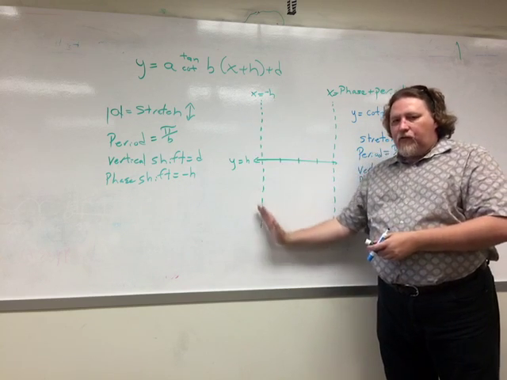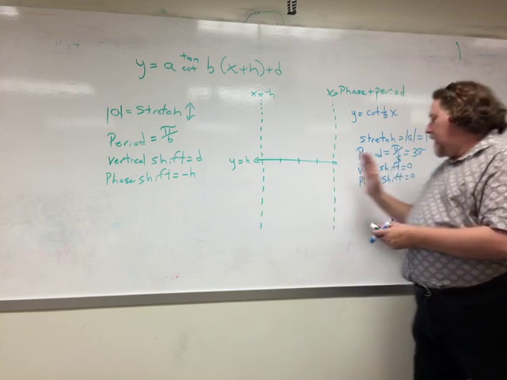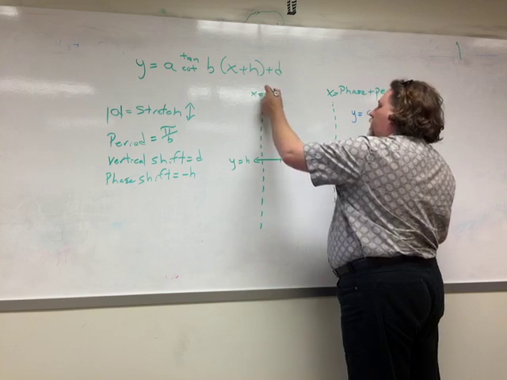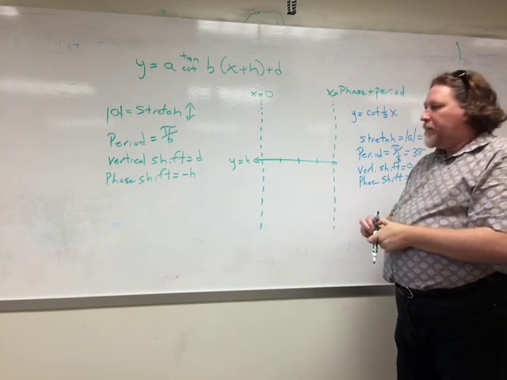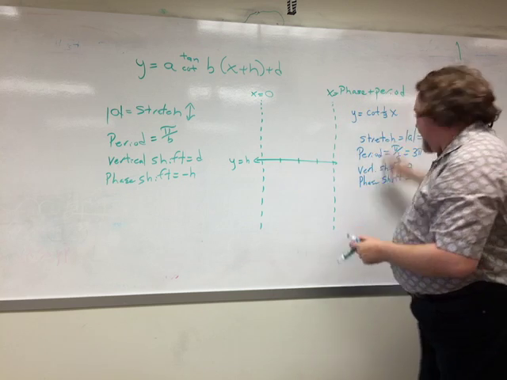The left edge for cotangent is just like we're used to with the box before. The left edge is the phase shift. So in this picture, the left edge is x equals 0 because there is no phase shift. The right edge is the period plus the phase shift.